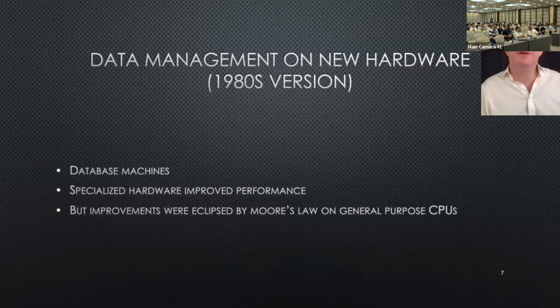However, they found that the modest gains that they got with a particular technology became outweighed by Moore's law operating on general purpose processors. So even though there were limited successes, over time, Moore's law kind of swamped those gains. And so it was simpler just to stick with a general purpose processor and write database software in that context.